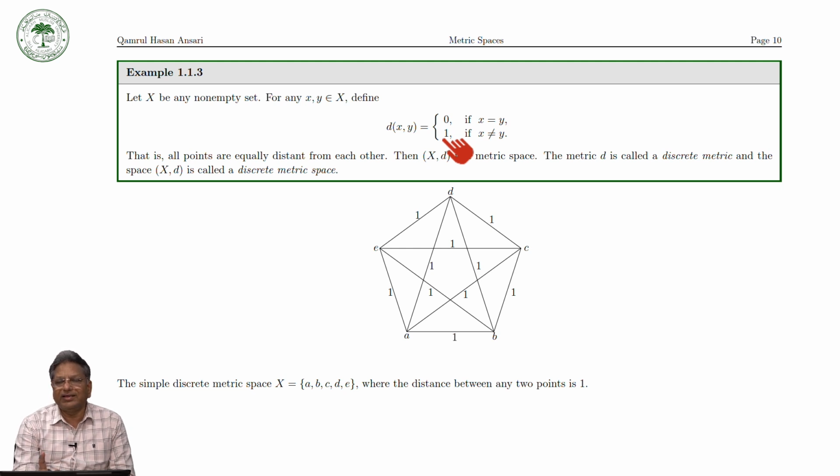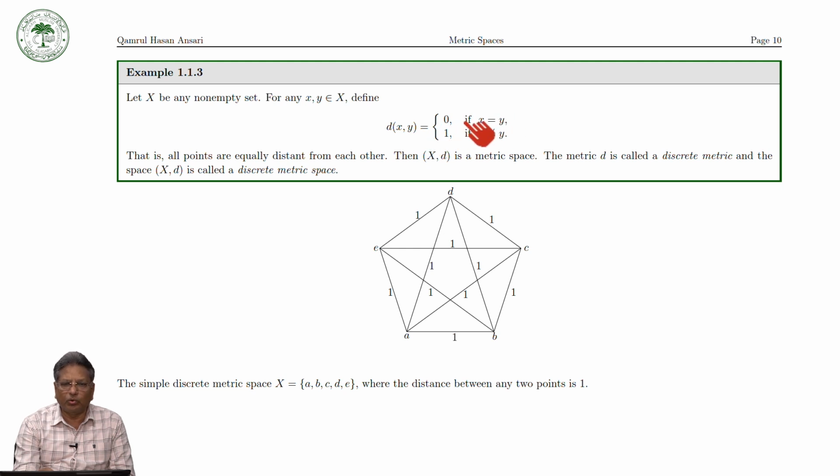So d(x,y) is greater than or equal to 0. M1 holds. The second one is that d(x,y) is equal to 0 if and only if x is equal to y.